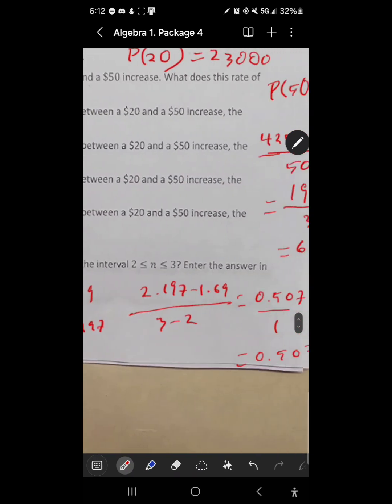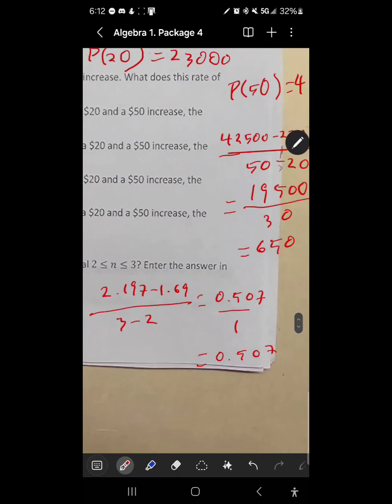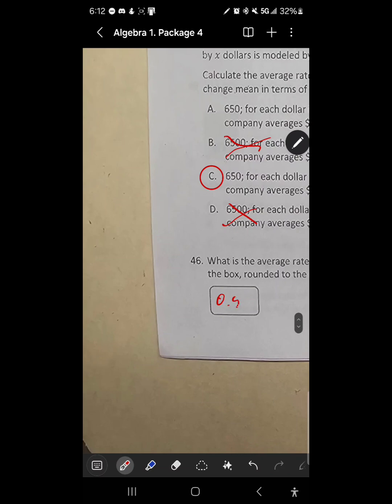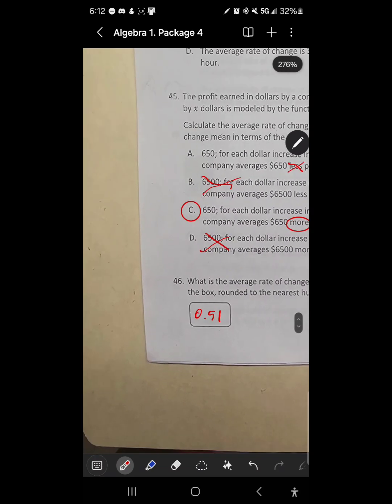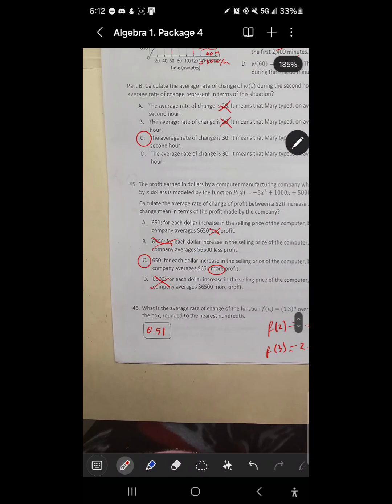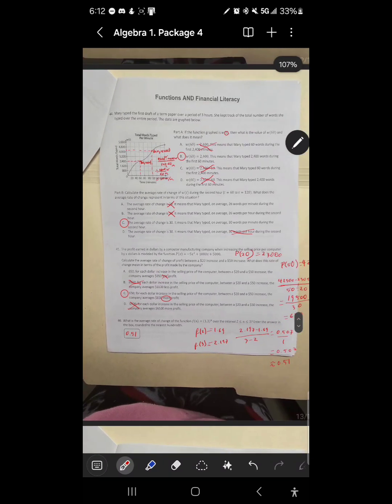Now it says to the nearest hundredth. The nearest hundredth is 2 places, so this is approximately 0.51. And this is our final answer. Always check to where they want you to round the answers. So yeah, that's all for today. I'll see you guys next week.